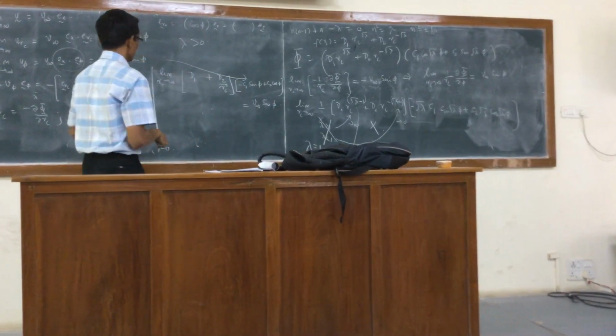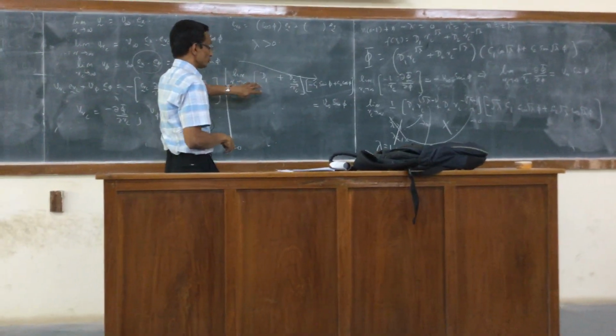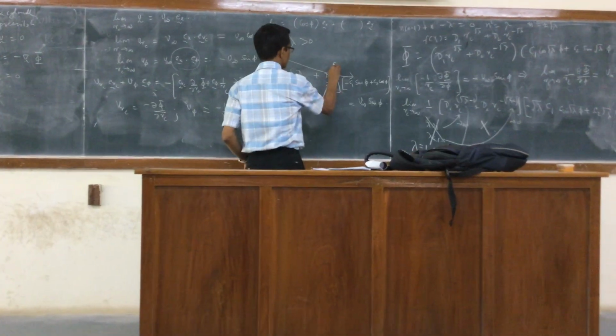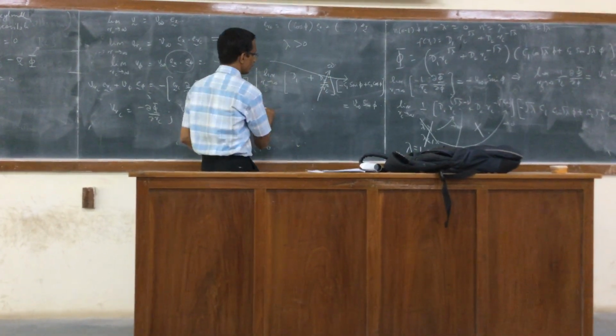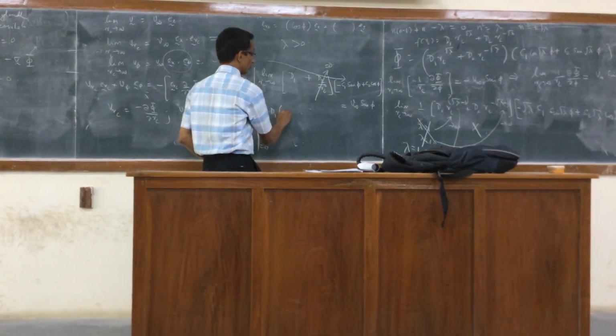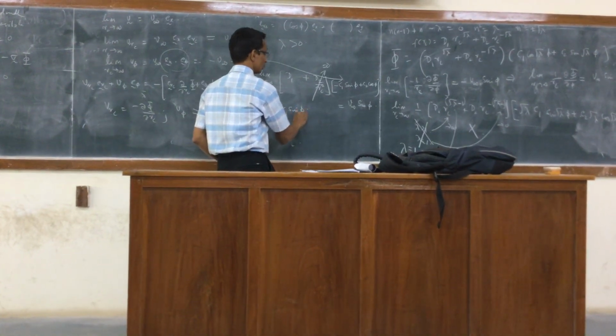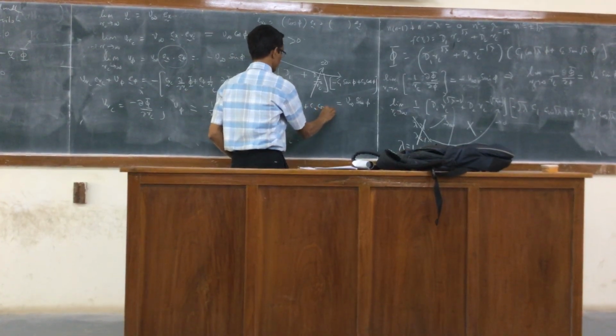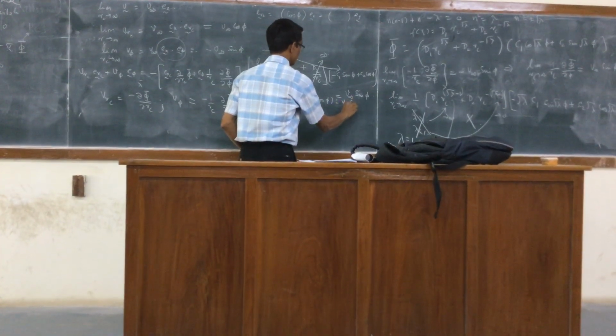From this, as the limit RC goes to infinity, this will certainly become 0. So I get d1 times minus c1 sin phi plus c2 cos phi is equal to b infinity sin phi.